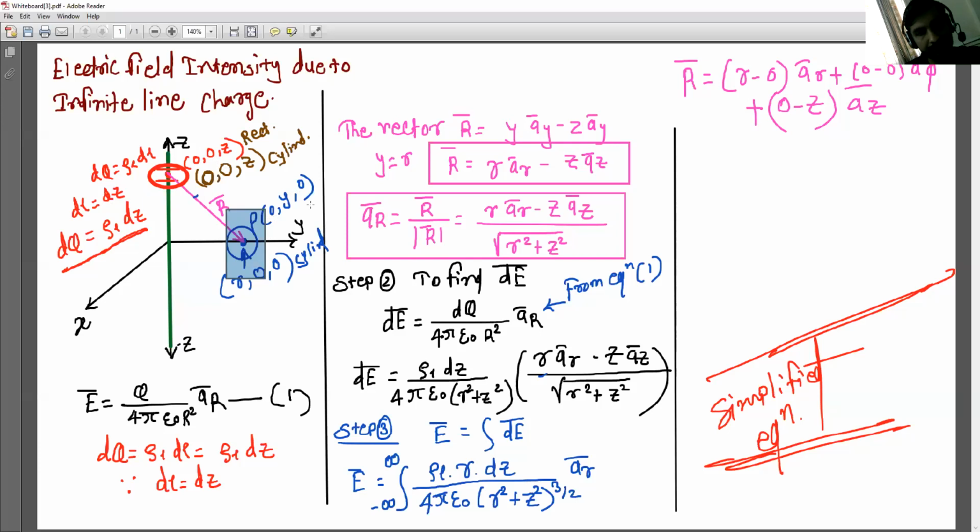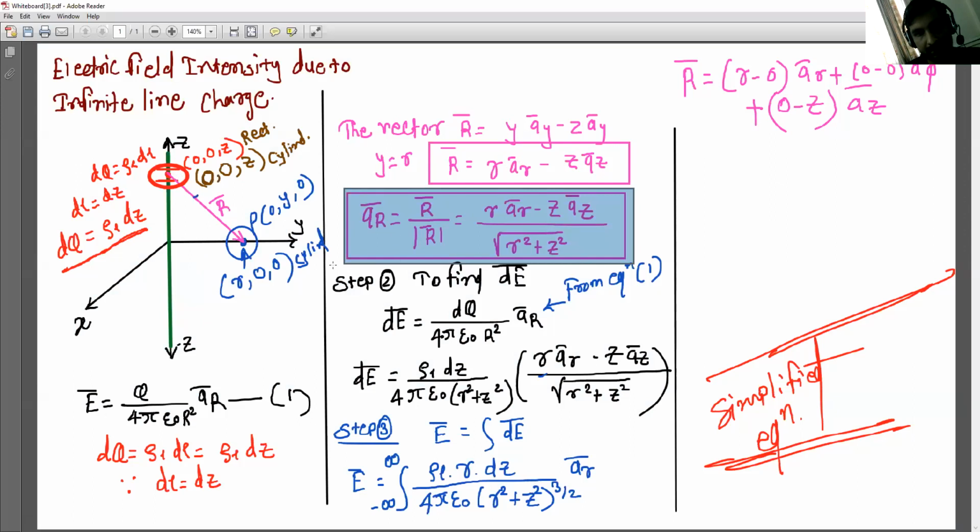And in terms of cylindrical coordinate system, it's r, 0, 0. Right. So we know the end coordinates. So we have calculated the vector. Right. So the vector r bar is equal to r a bar r minus z a bar z. And from that we have also calculated the unit vector. Unit vector is vector upon magnitude. So this way we have calculated the unit vector as well.